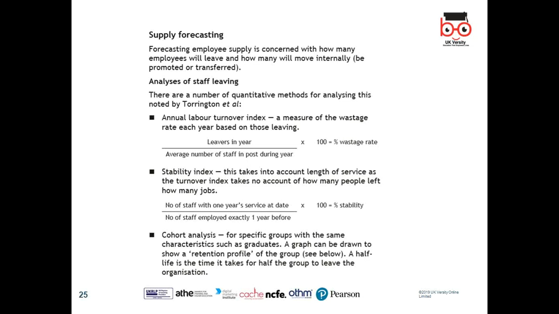Next is supply forecasting. Supply forecasting is concerned with how many employees will leave the organization. What do you think about joining new employees? How much does it cost an organization? If we recruit new staff, what is the approximate cost?